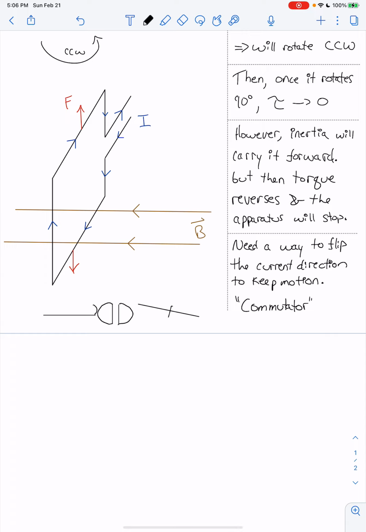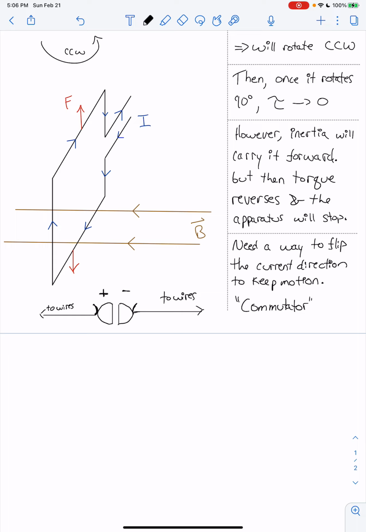The idea here is that these are two wires, and those are connecting over here. What's going on is we've got some source of current, and that's going to flip because this whole thing is going to rotate.